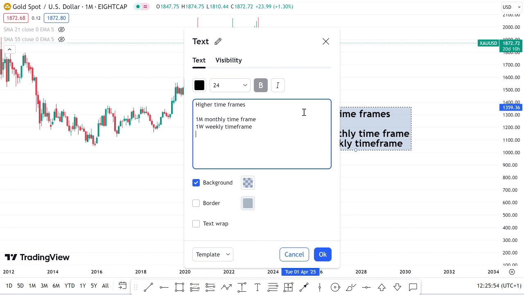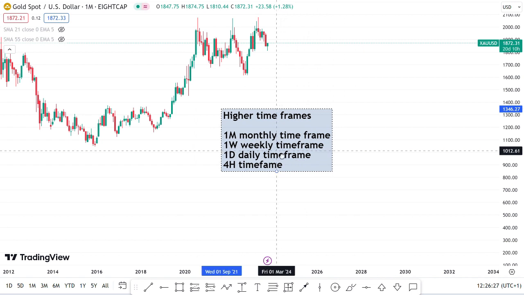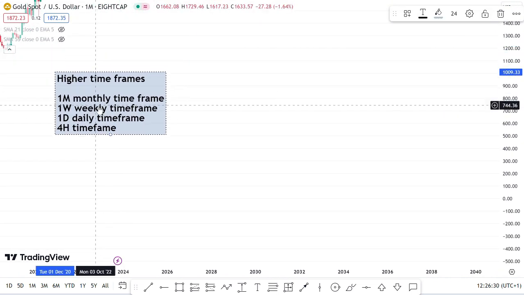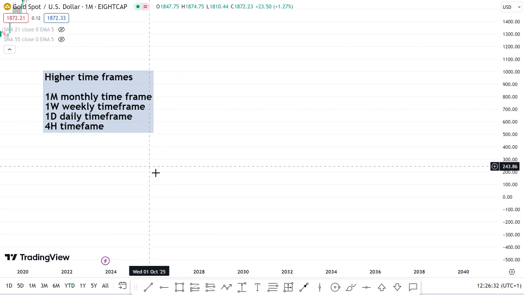Then we have the daily time frame or 1D. And I use 4 hours as a higher time frame. So I'll be teaching you what I make use of, and I believe once you start applying this to your trading, you're going to see the difference, guys. Okay, so talking about higher time frames, these are the higher time frames I make use of: monthly, weekly, daily, and 4 hour time frames. So that's about the higher time frames.